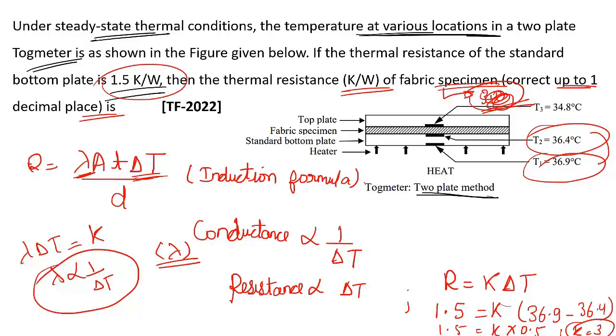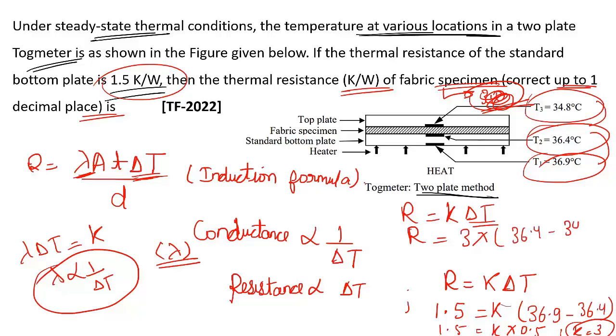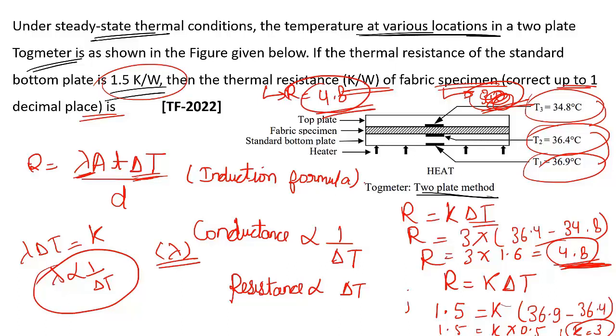Now thermal resistance is R, and R is equal to K delta T. K we have found to be 3, and delta T is now the difference between T3 and T2, that is 36.4 minus 34.8, which is 1.6. So 3 into 1.6 comes out to be 4.8, and this is the value of thermal resistance R. So the value of thermal resistance in K by W is 4.8. This is the correct answer. Now coming to the next question.